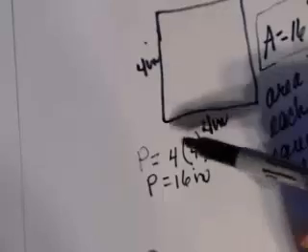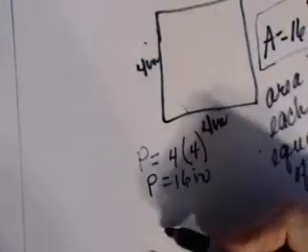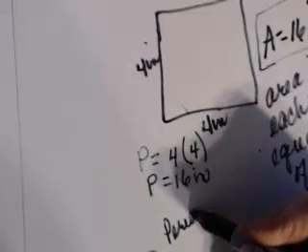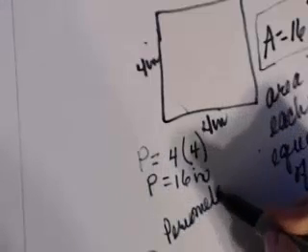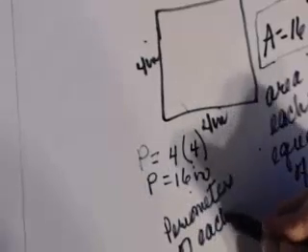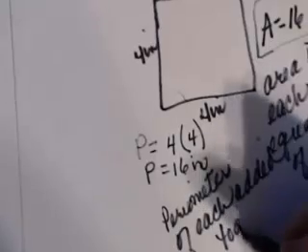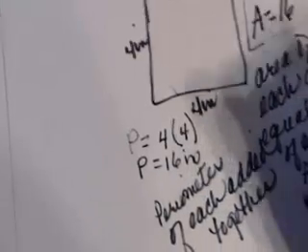But once you find the perimeter of each piece, the perimeter of each piece added together is going to be greater than the original.